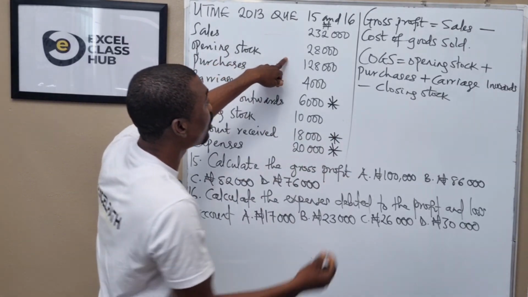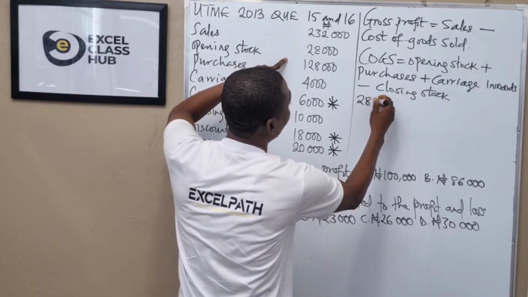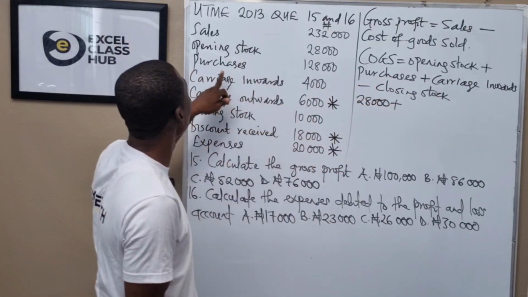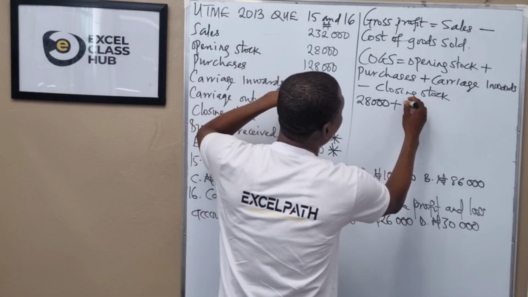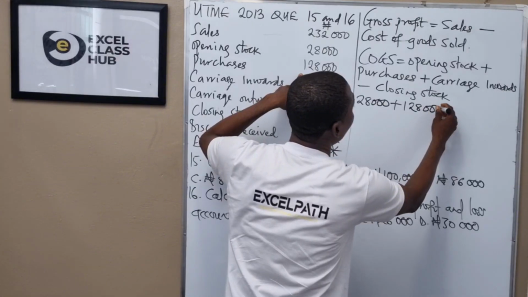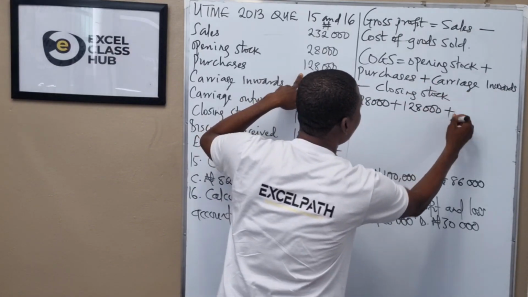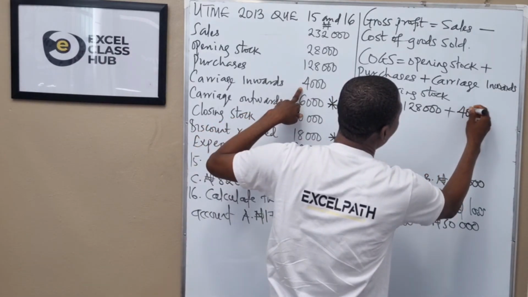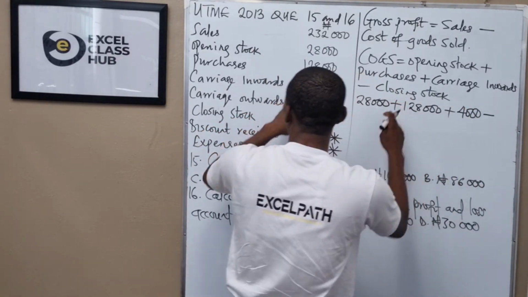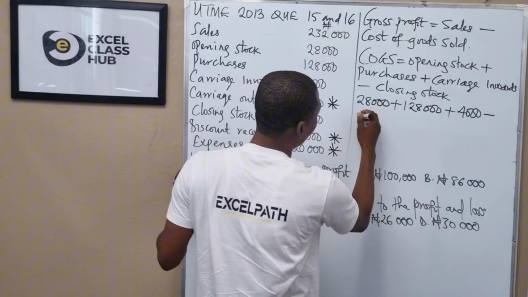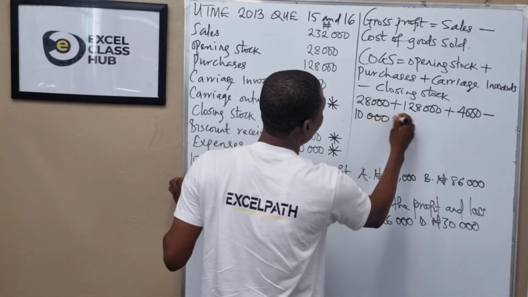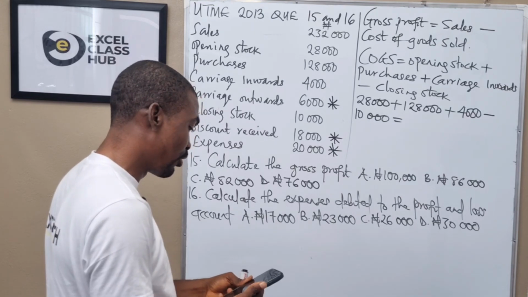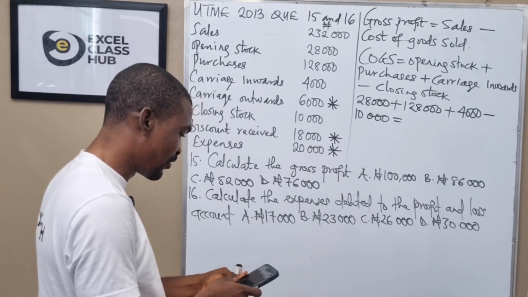Our opening stock is 28,000 plus purchases, 128,000, plus carriage inwards, 4,000, minus closing stock. Our closing stock is 10,000.